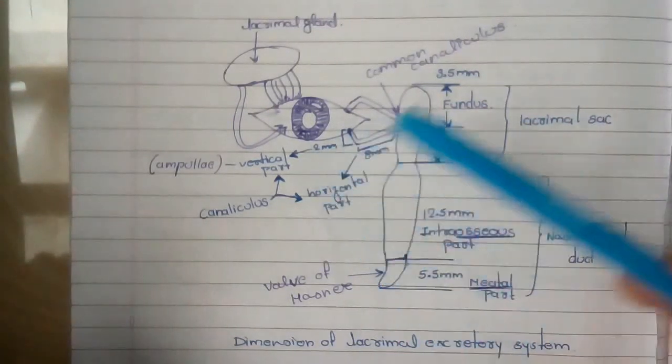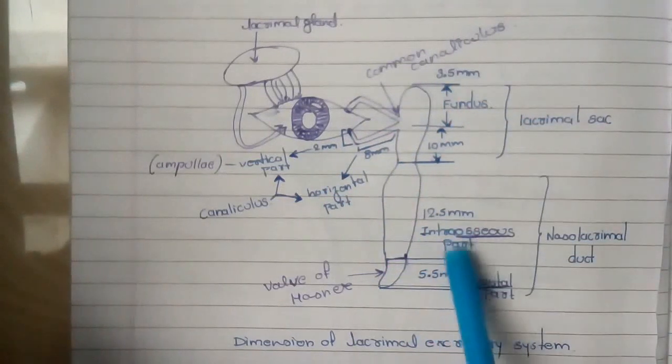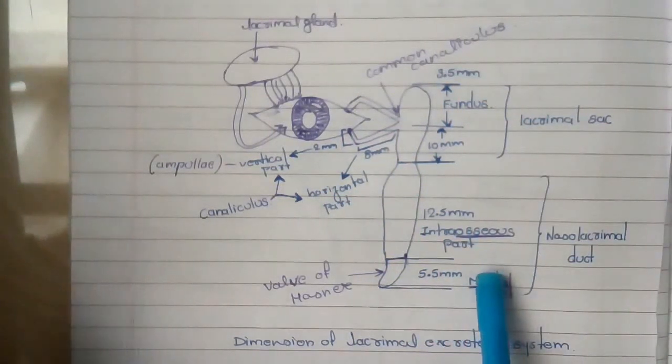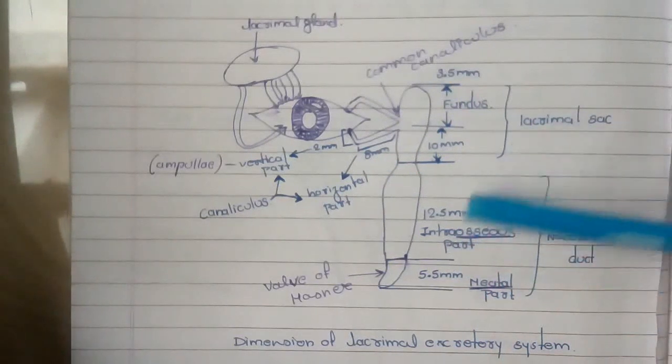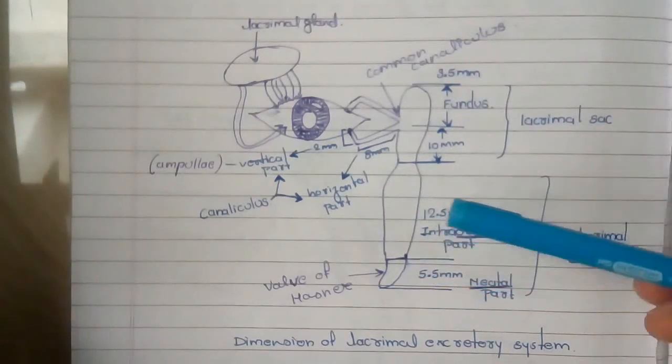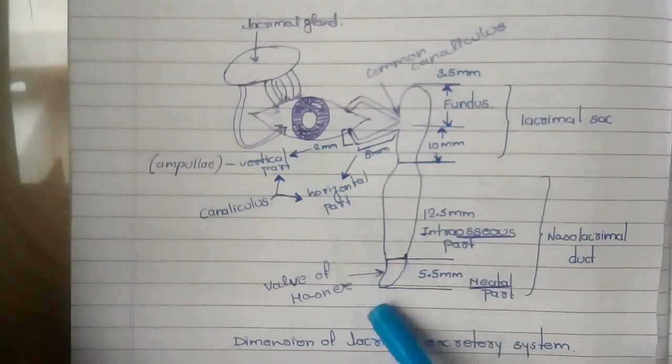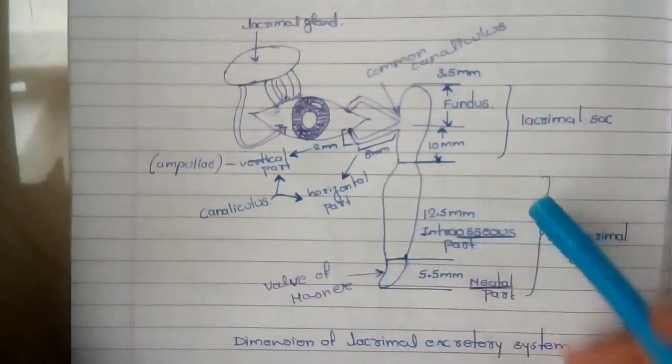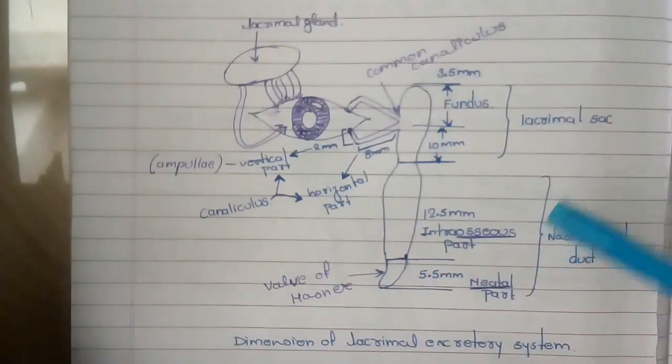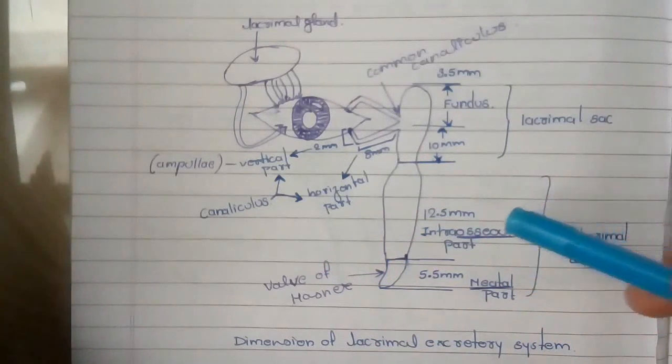The duct has two parts, intraosseous and intrameatal. It passes downward, slightly outward and backward, and opens into the anterior part of the outer wall of the inferior meatus of the nose.